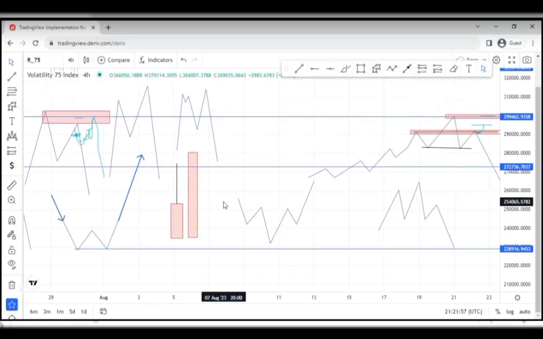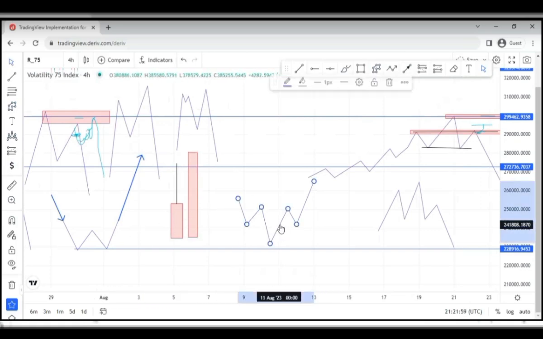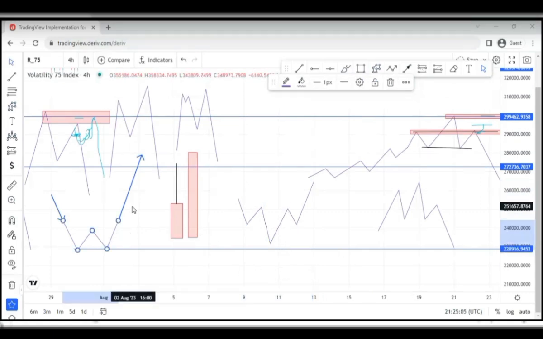Another thing is this head and shoulder. To me, that's what I feel, head and shoulders seem to be a much stronger pattern than double top and double bottom. You need to understand the market.